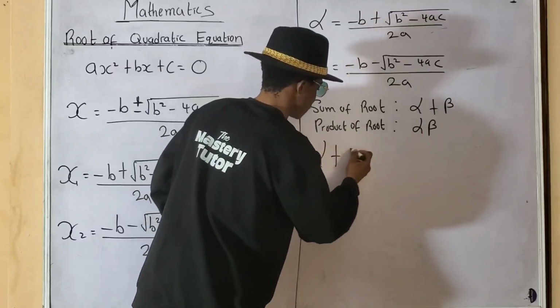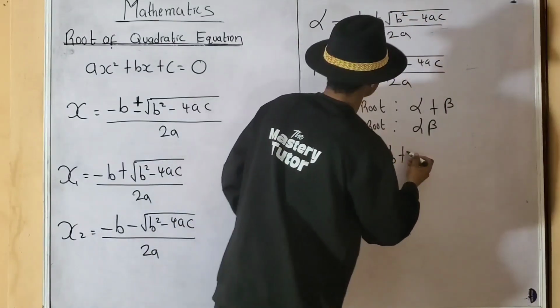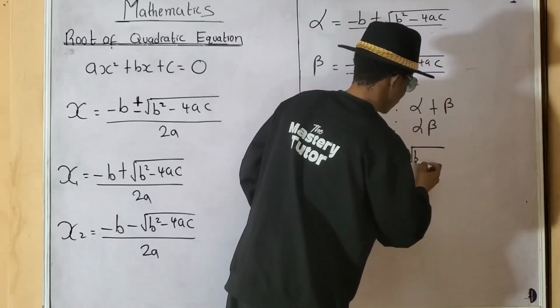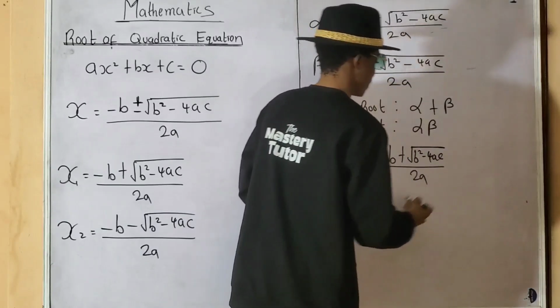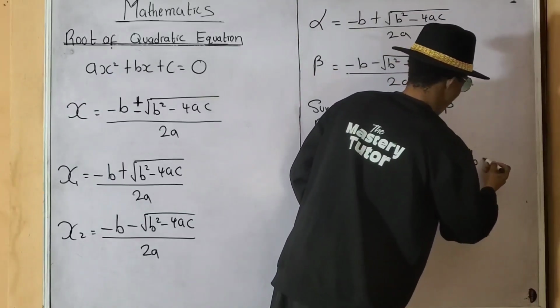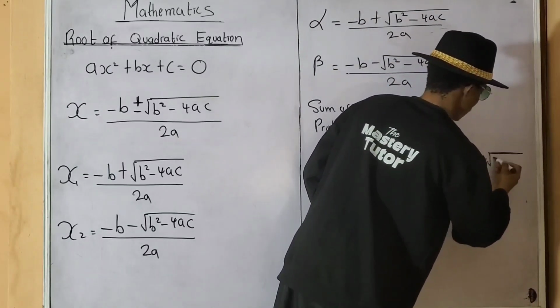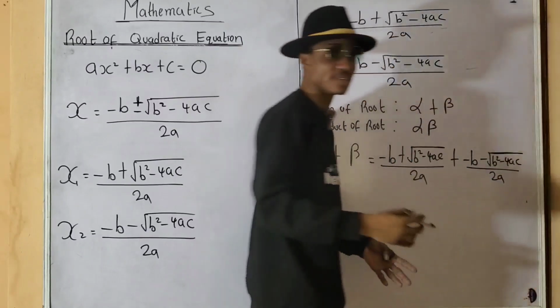Okay, so let us take the sum of this and this. Alpha plus beta will be equal to (-b + √(b² - 4ac)) / 2a plus, now beta is (-b - √(b² - 4ac)) / 2a. Are you following?